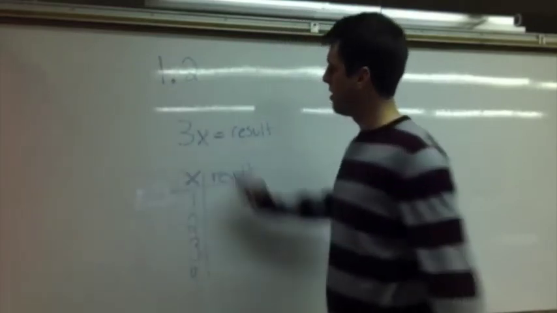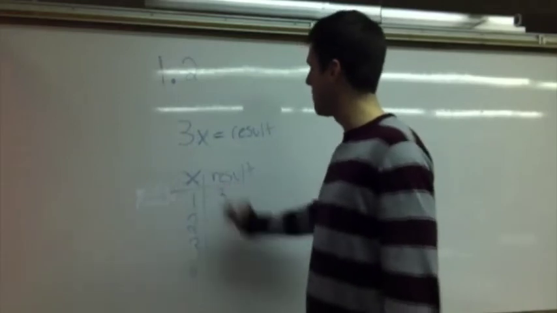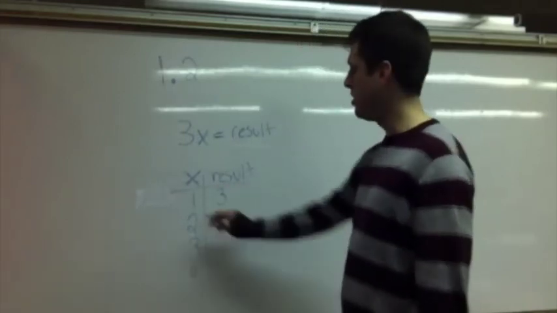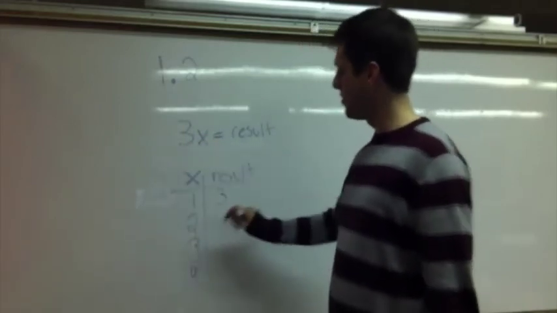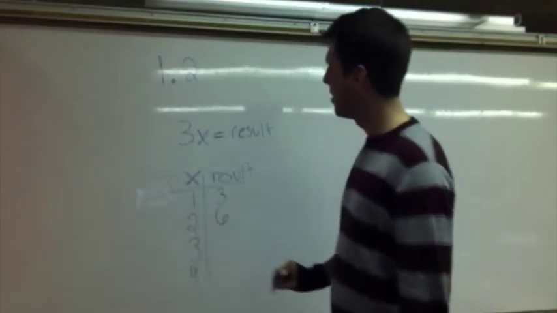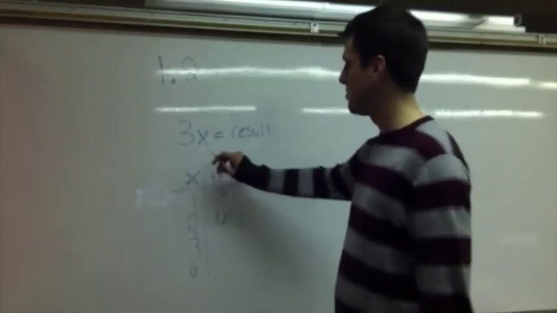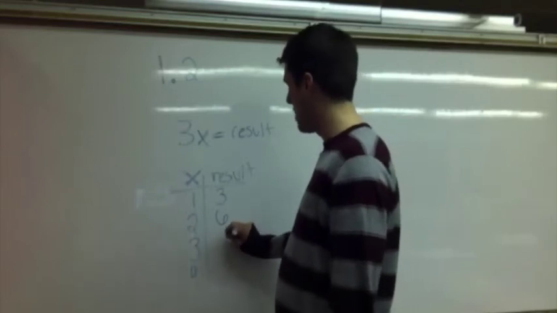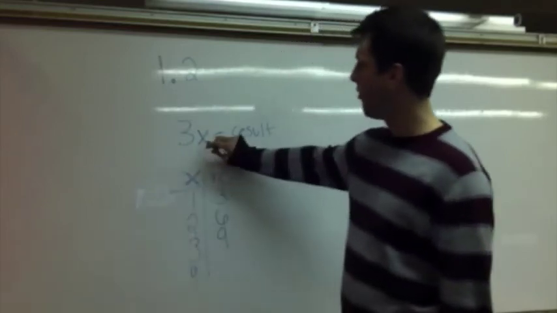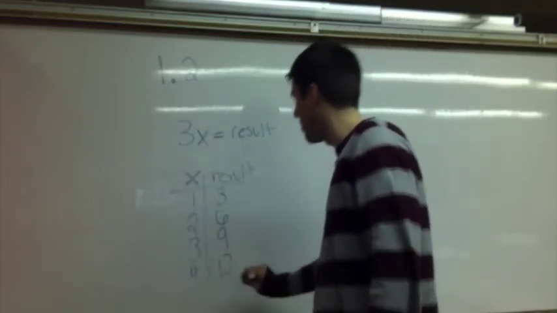When you plug in the 1, 3 times 1 is 3. When you plug in the 2, 3 times 2 is going to be 6. When you plug in the 3, 3 times 3 is going to be 9. When you plug in the 4, you get 12.